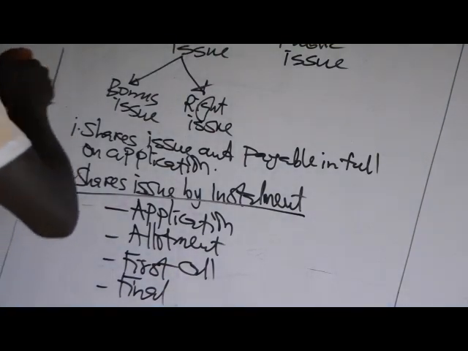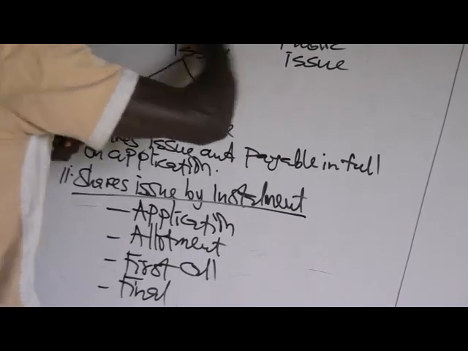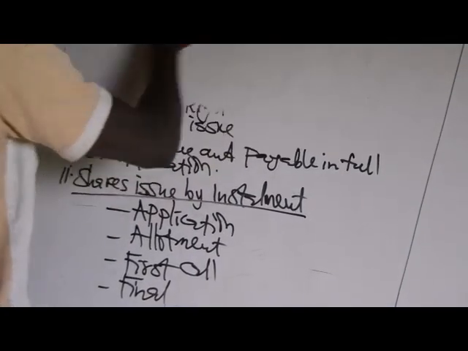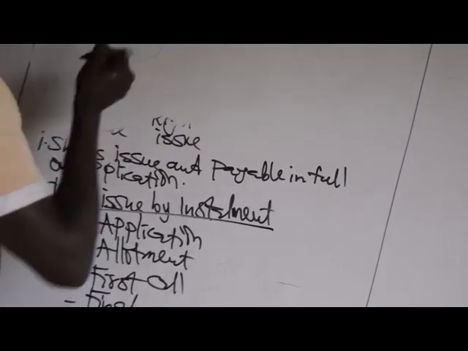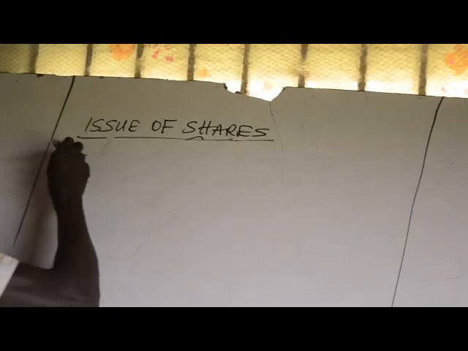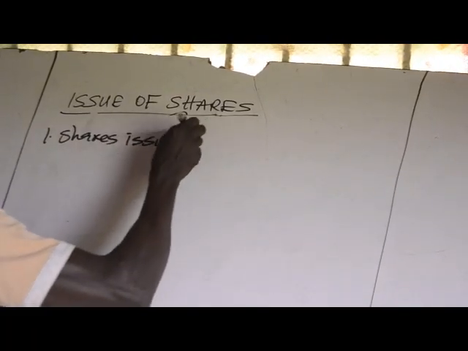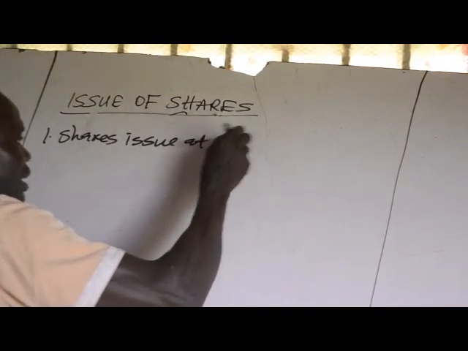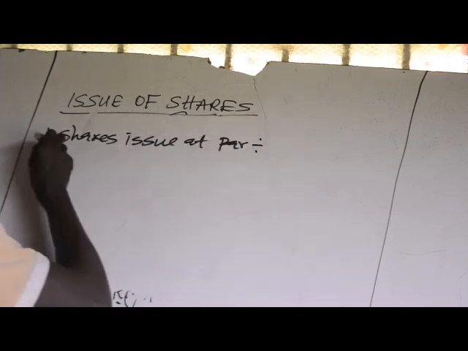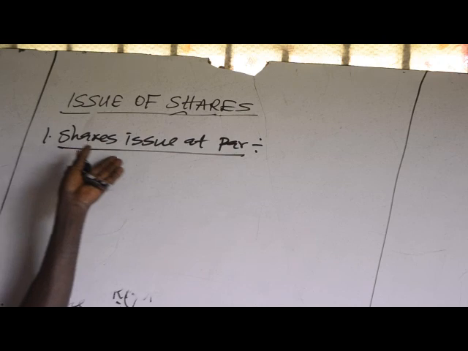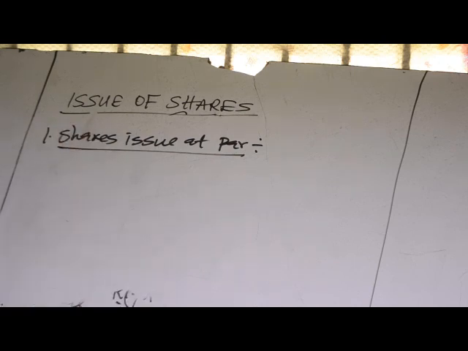Now, the proceeds of the issue can be made in three ways. Number one, shares issued at par. Shares issued at par is shares issued at their nominal value.